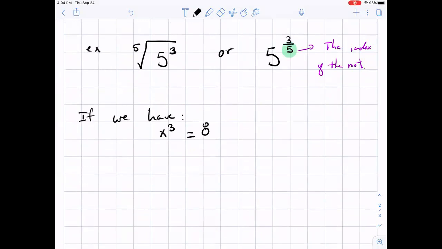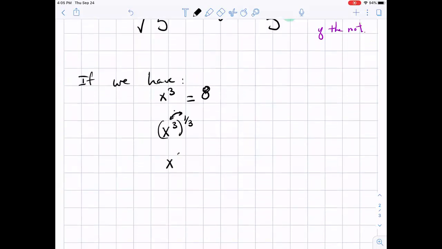Well, we know also that x cubed, if we raise this to the 1/3 power, if we multiply it by its reciprocal, then 3 times its reciprocal, 3 times 1/3, which is like 3/1, this becomes 1. Now if you do that to the left side, you must also raise this to the 1/3 power on the right side. And remember, this really means the cube root of 8.